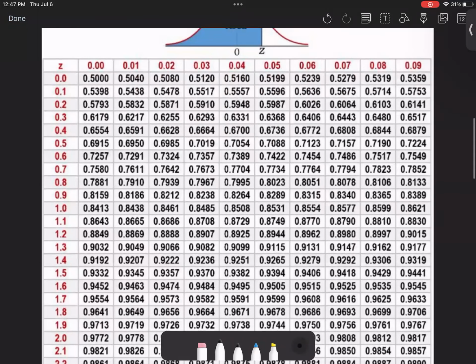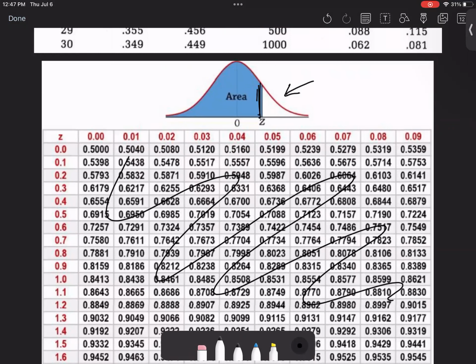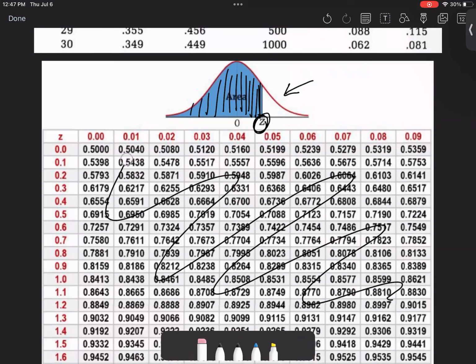Now, if you look carefully up at the top, this graphic depicts exactly what these values are. All of these values give you the areas to the left of certain z values. Okay. So let's just go through a small example first.